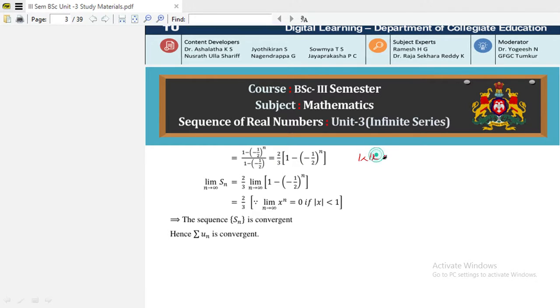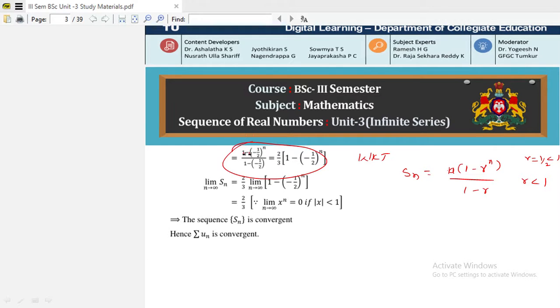We know that the sum of a geometric series is Sn is equal to a into 1 minus r raised to n divided by 1 minus r when modulus r is less than 1. Here r is equal to minus 1 by 2, therefore this is less than 1.